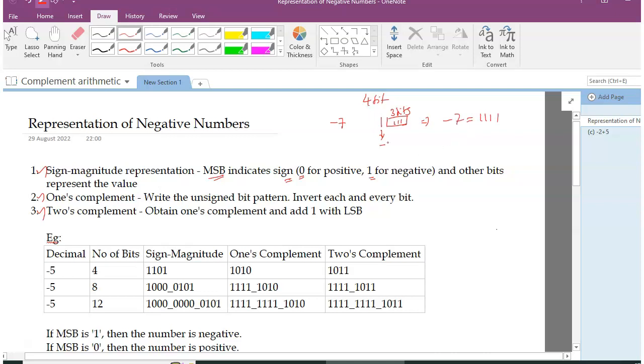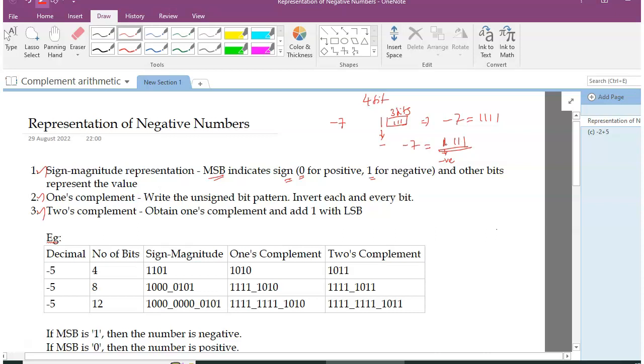Suppose I want to write the same -7 in 8-bit format. Again, to indicate it's a negative number, the MSB has to be 1. The value of 7 is 1 1 1, but so far we have only 4 bits.